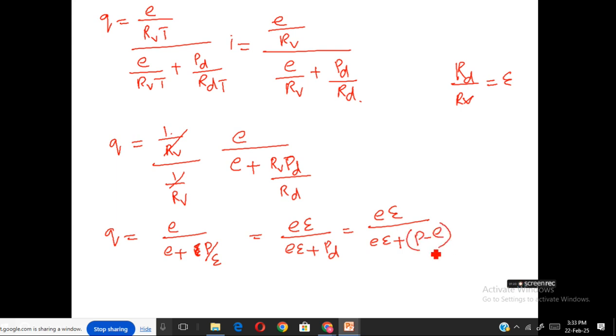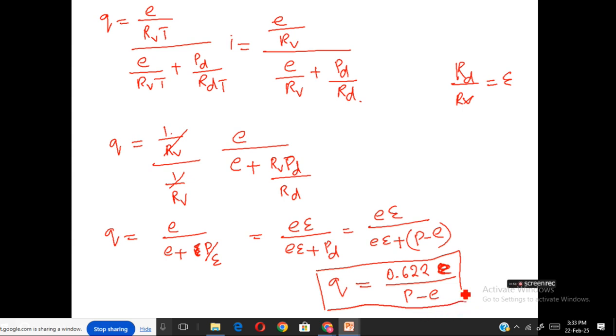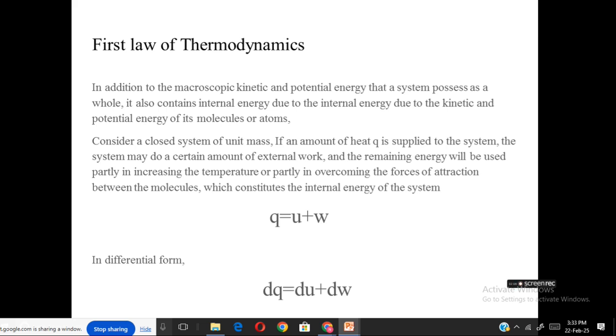So PD can be written as the total pressure minus the vapor pressure, right? So it will become E epsilon by E epsilon plus P minus E, which will eventually reduce to 0.622 E by P minus E. So Q is equal to 0.622 E by P minus E.